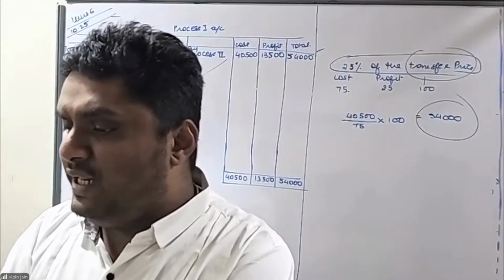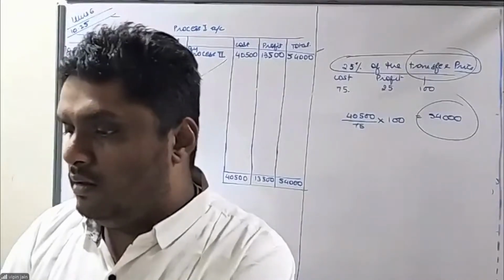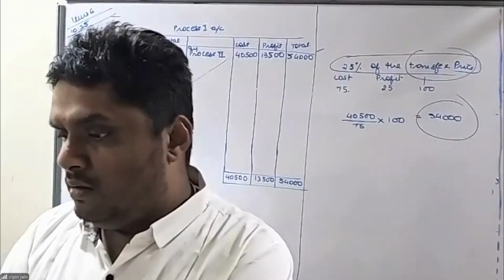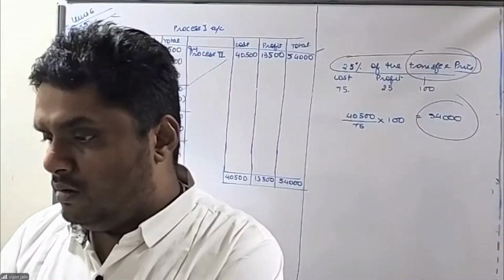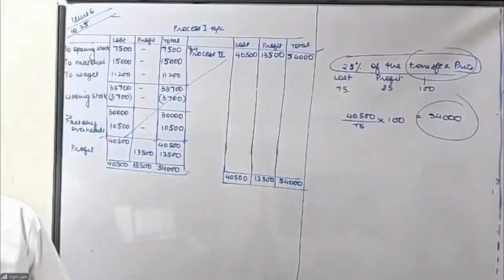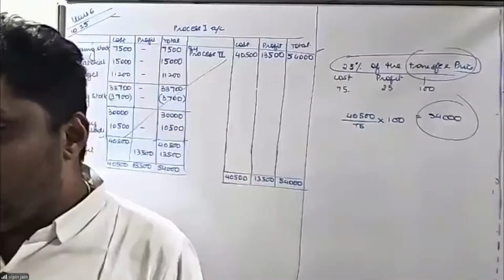In this profit element, there will be no abnormal gain. Don't worry. So let's start with process second account now.